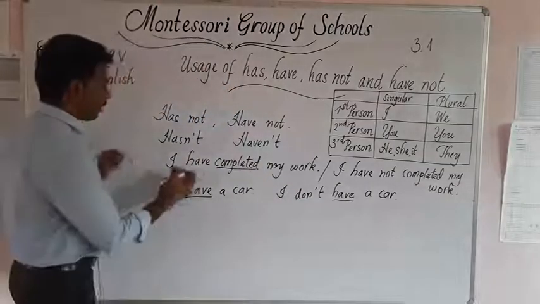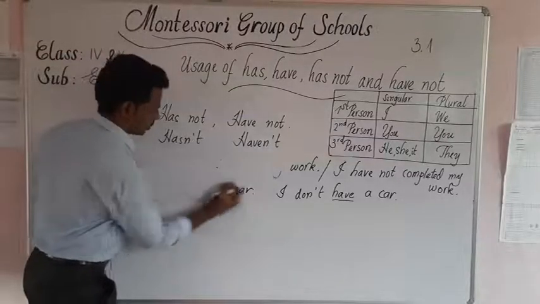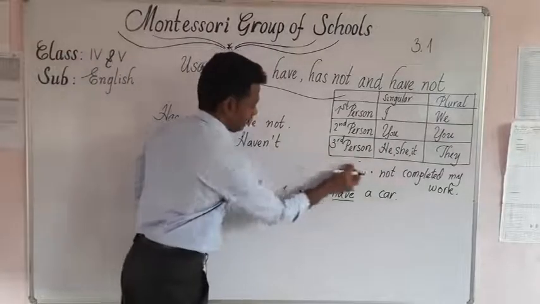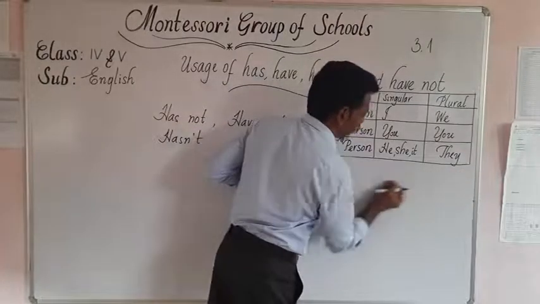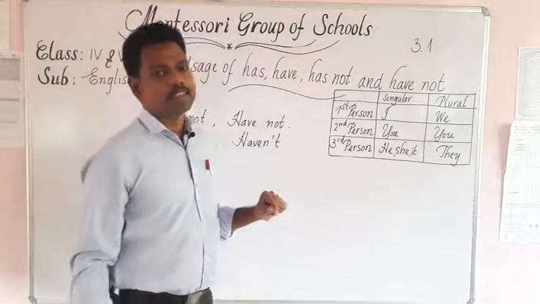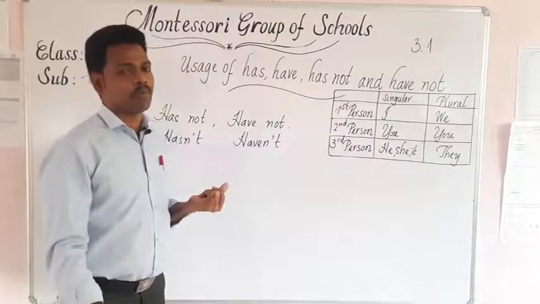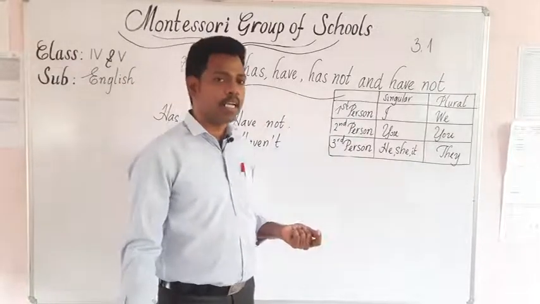The same way when we change them into has, you have to keep in mind where we have to use has and have. So has is only for third person singular. Have is for first person singular and plural, second person singular and plural, and third person only plural.